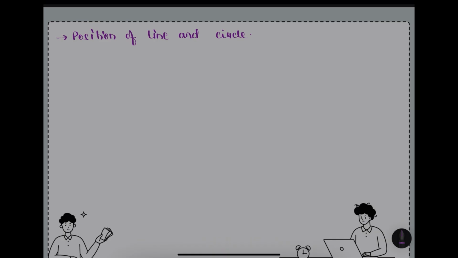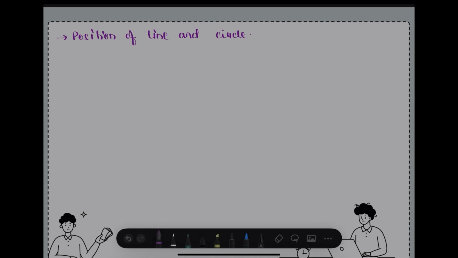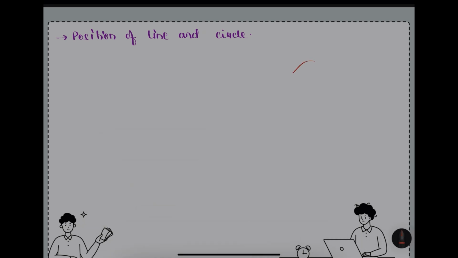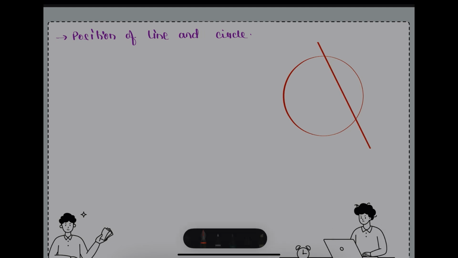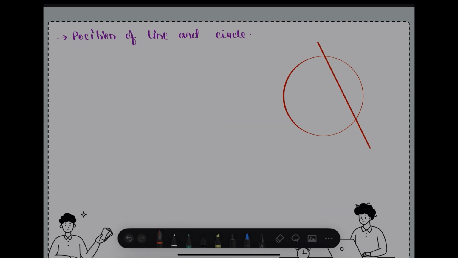So we have this situation where we have to talk about a straight line and the circle. Suppose we have this as the circle, and this is the straight line. So we will have three situations. In the first situation, your straight line will be intersecting your circle at two different points.